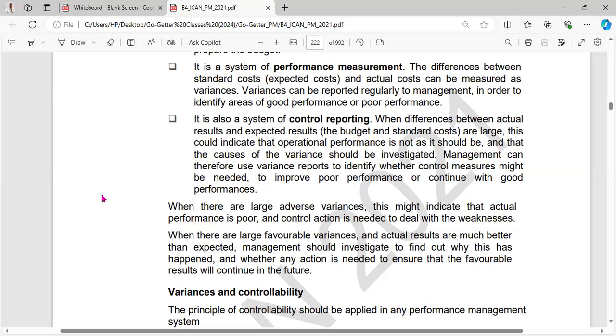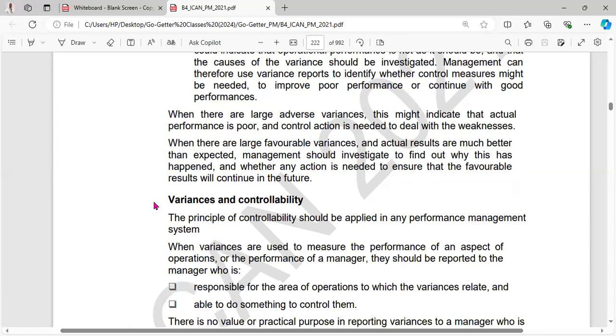Sometimes when we see a favorable variance, it's not always a good thing. A very large favorable variance could also mean something bad, as we'll see. But sometimes, if it is not large, you may want to ensure that you continue with that favorable variance in the future.